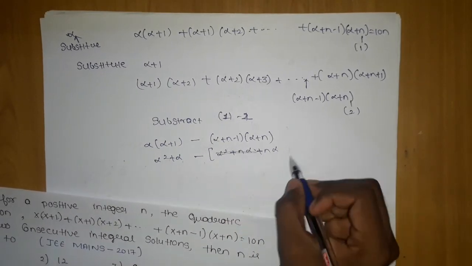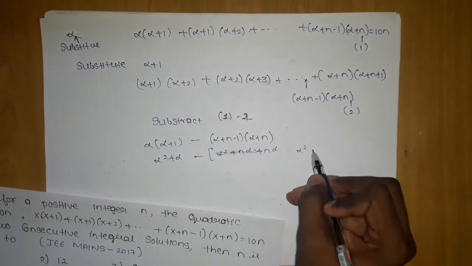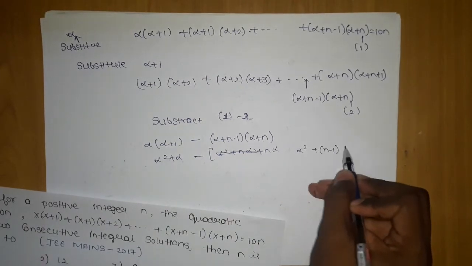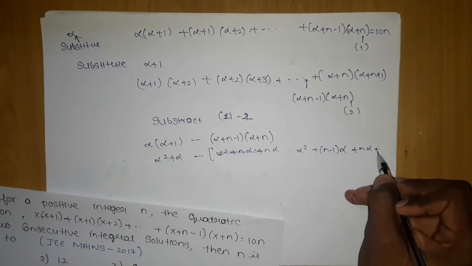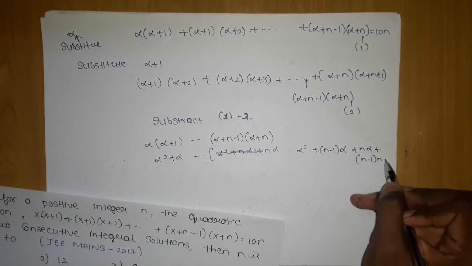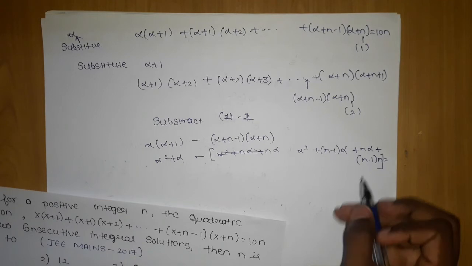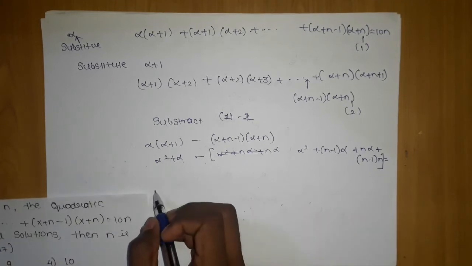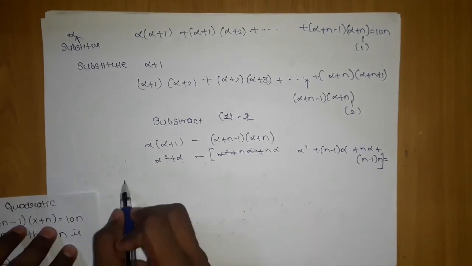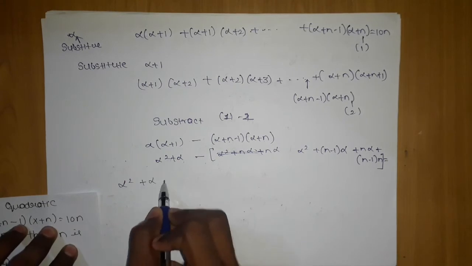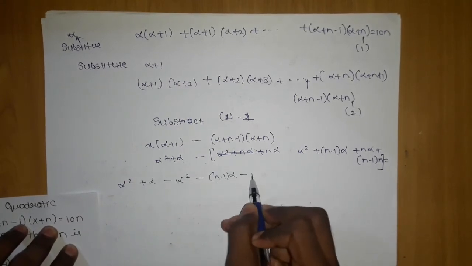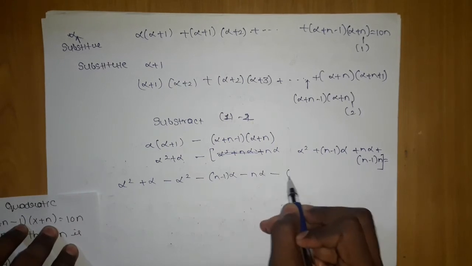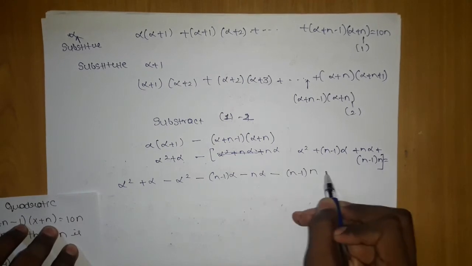I will multiply this, it will be alpha square plus n minus 1 alpha, and if I multiply this, it will be n alpha plus n minus 1 into n. So this is the thing which we are getting. If I solve it further, move the minus inside: alpha square plus alpha minus alpha square minus n minus 1 alpha minus n alpha minus n minus 1 into n equals 0.